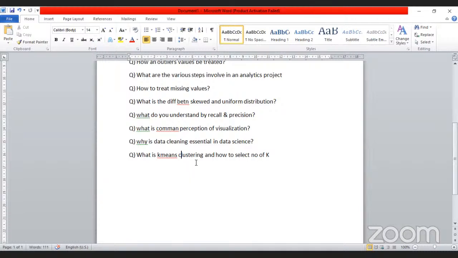For example, if K equals 2, it will take two centroids and calculate the distance of each data point from each centroid. Whichever data points are closest to the first centroid will form cluster 1. Whichever data points are closest to the second centroid will form the second cluster. This is how K-means clustering works.